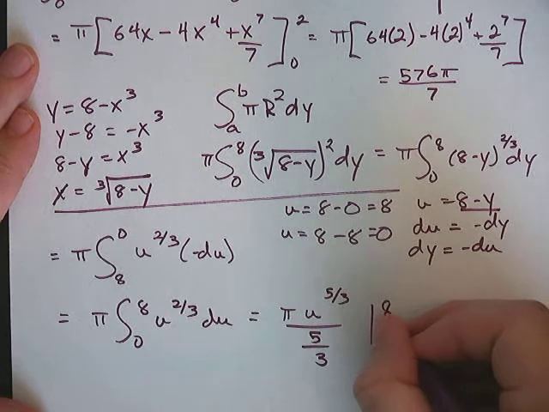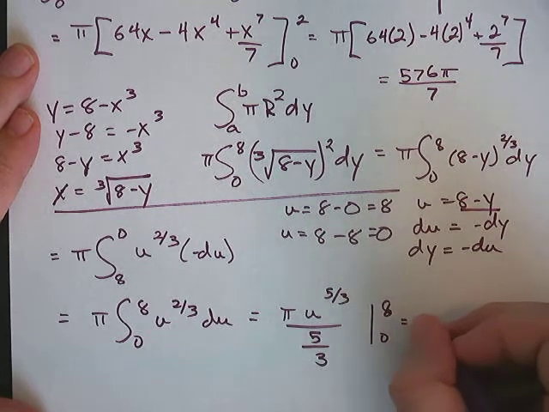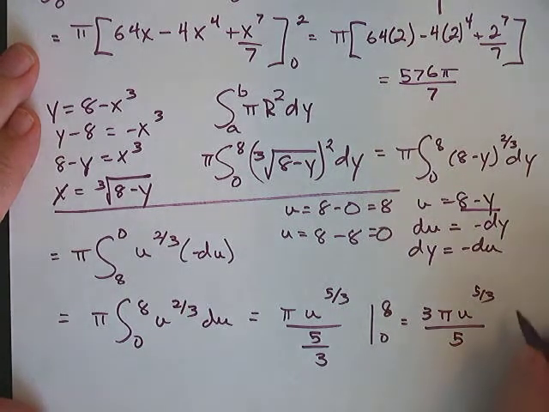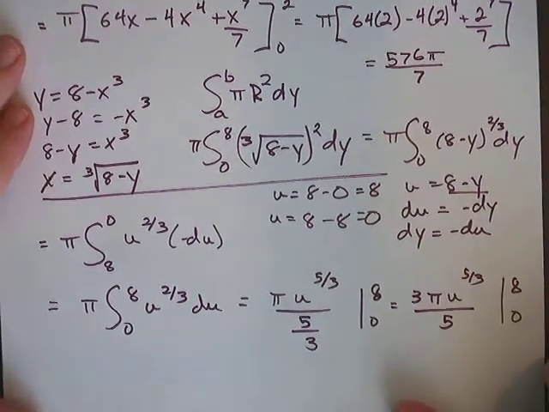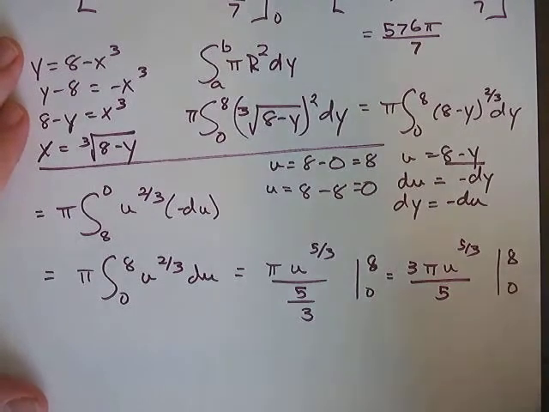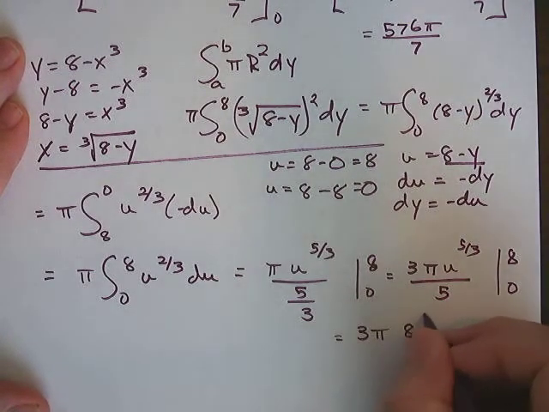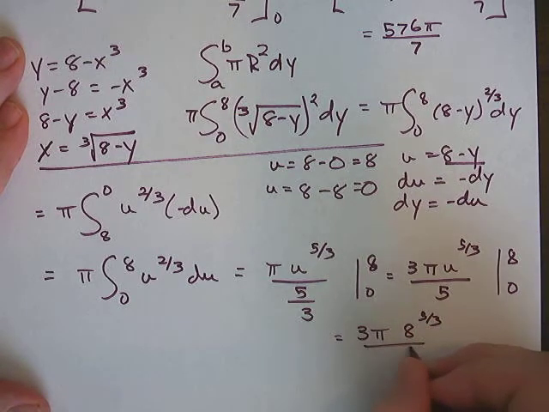We can fix that up, and we get 3 pi u to the 5/3 over 5, from 0 to 8. Okay, we plug in a 0, just like last time. It all zeroes out. We don't care about that because they all go to 0. So we just do the upper limit, which gives us 3 pi times 8 to the 5/3 over 5.